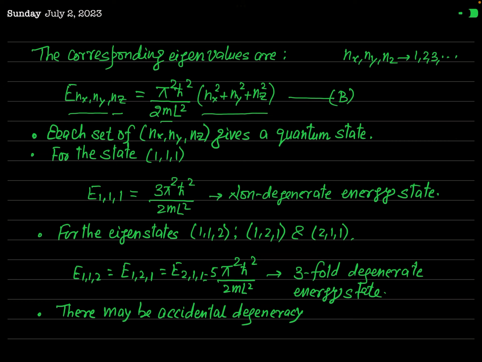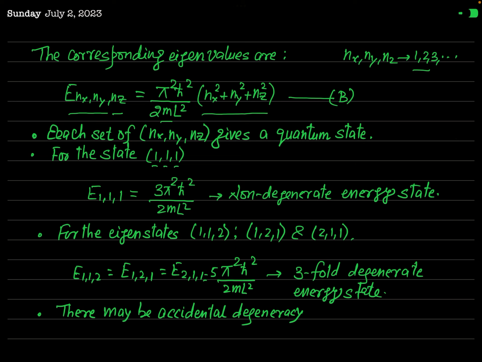Now, as these nx, ny, nz have discrete values, you can say that the energy eigenvalues are discrete. And if you try to find the energy eigenvalue for the quantum numbers nx equal to 1, ny equal to 1 and nz equal to 1.